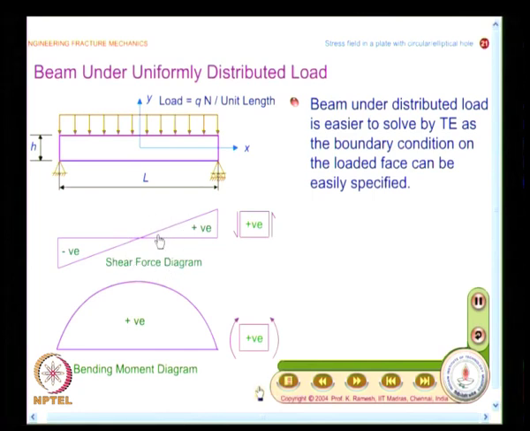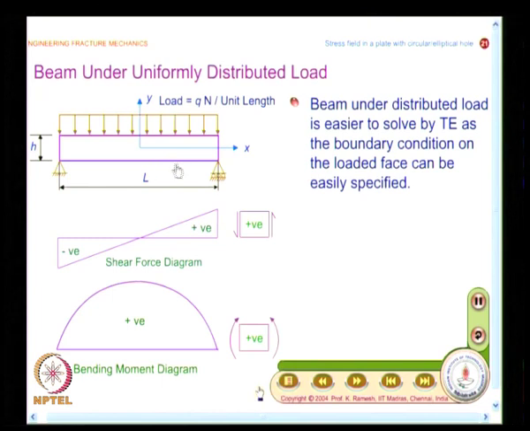Another aspect is, while you learn how to draw a bending moment diagram, you first take up the case of concentrated forces. You may have a 3-point bend, a concentrated force rather than a distributed loading. But when you solve the problem by theory of elasticity, the boundary conditions could be easily specified when the loading is distributed like this.